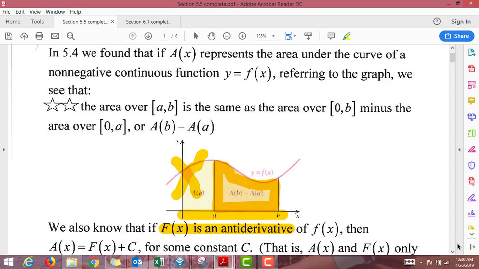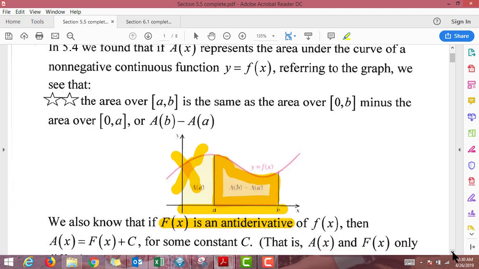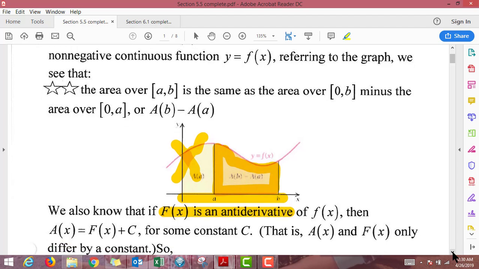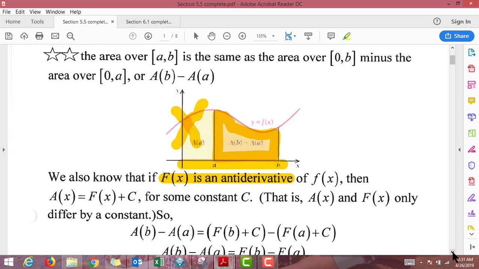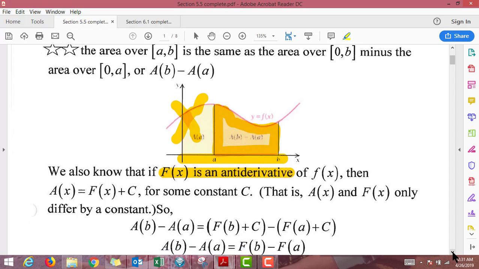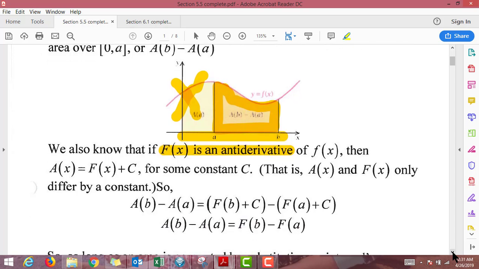And those are x's that I'm referring to when we talk about our interval. So we need to evaluate that antiderivative, and we're going to plug b into it and then subtract off that area we don't want by plugging a into it.